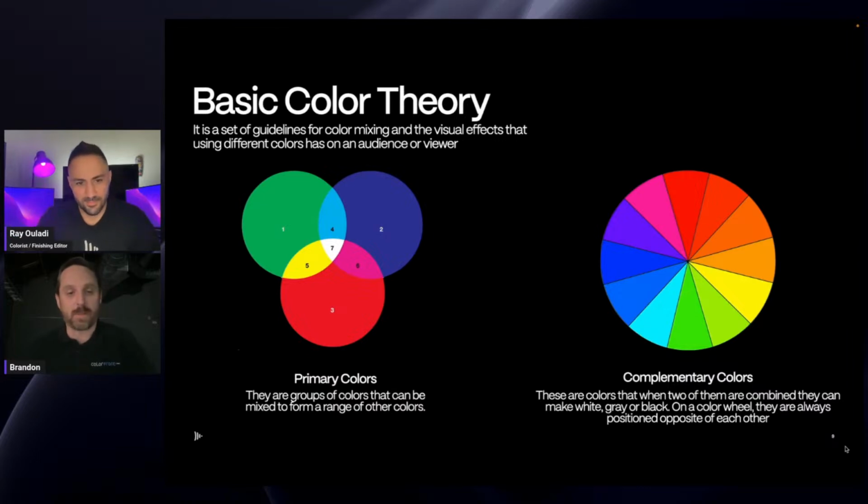Then you've got things like complementary colors. Again, the picture kind of sums it all up. The complementary colors are, of course, you can combine them to make white, gray, or black, depending on how many of those colors you want to mix together. That's the basics of the color theory that you want to build upon, going into the next section, which is the schemes.